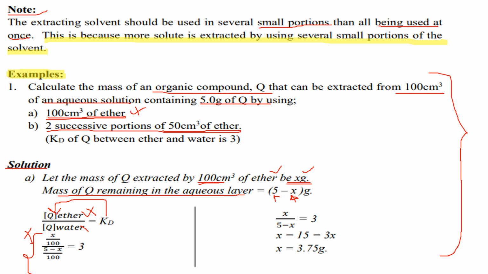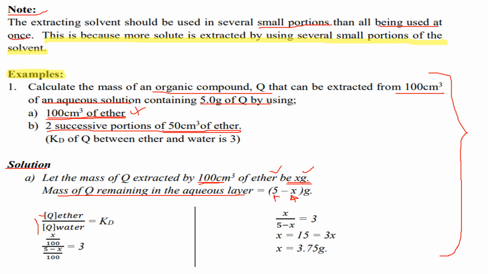Now, how do we get molar concentration? We get molar concentration by having the given mass divided by volume. So concentration is grams per volume. It can be in mass per volume. That's why we divide. So how shall we get the molar concentration of Cu in ether?